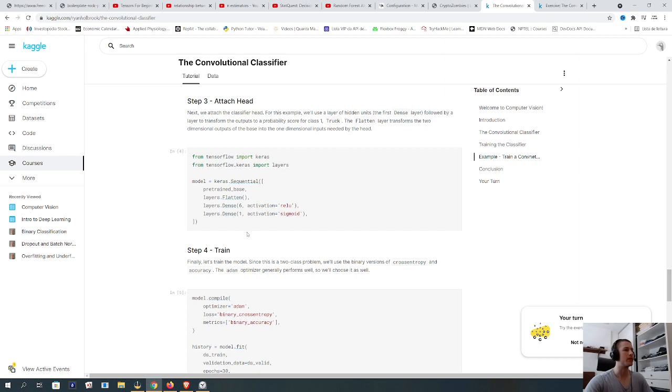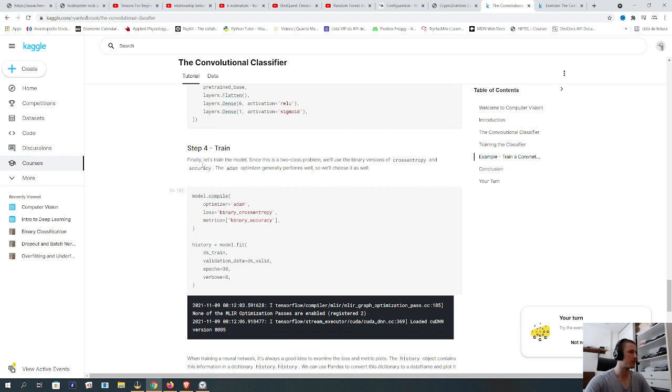Oh, so now I get it. The output of the pre-trained model is going to be two-dimensional, and the point of the first layer is to translate that two-dimensional output into one. I guess that's what's happening.